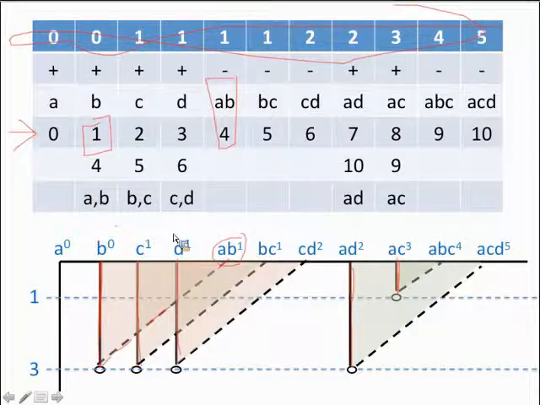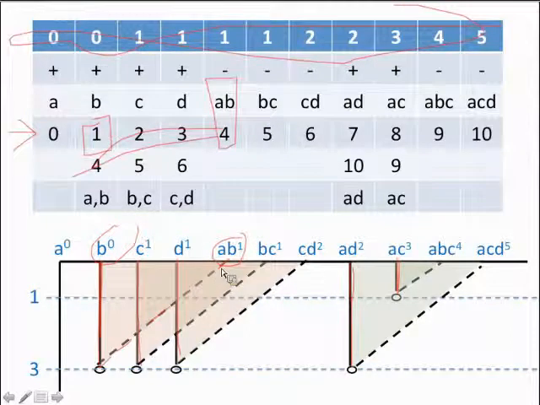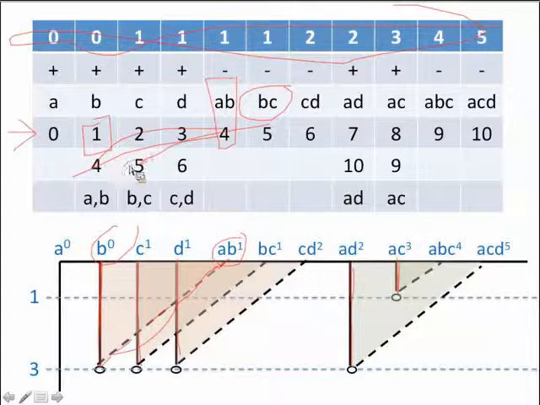AB destroyed B, these things were paired, and so since these things were paired, we draw this dotted line connecting these things here. BC was paired with C, so I will draw this dotted line.